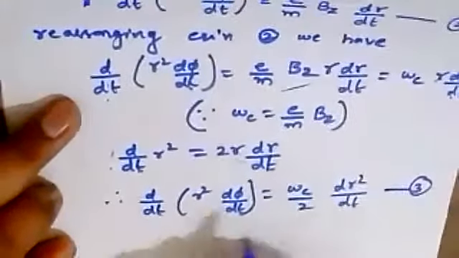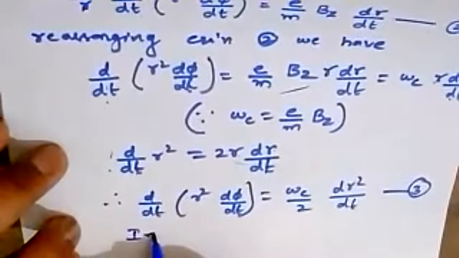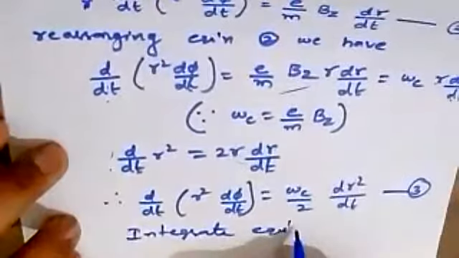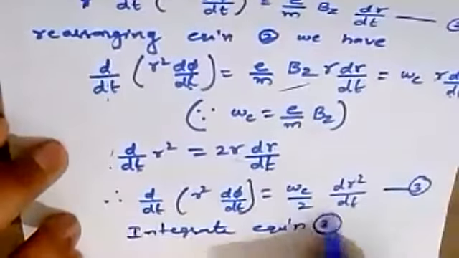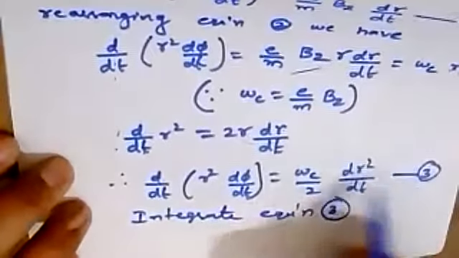Now with this, we have to integrate this equation 3 once. Okay, we need to integrate equation 3 once. So what happens once we integrate here, we'll get some constant term.